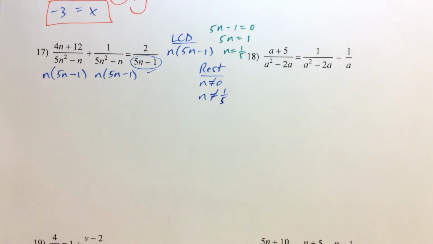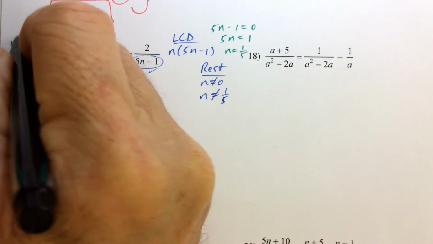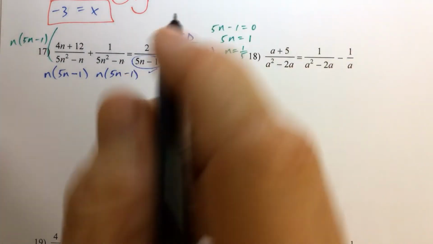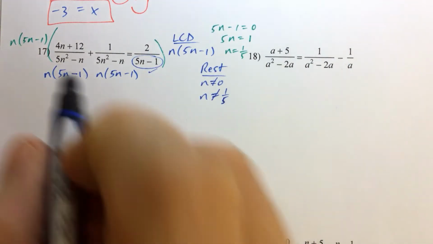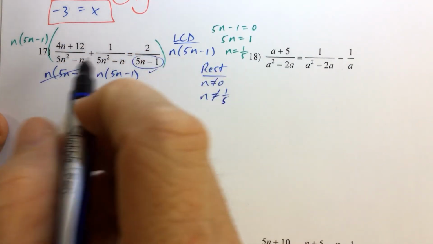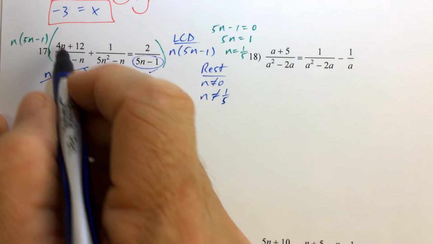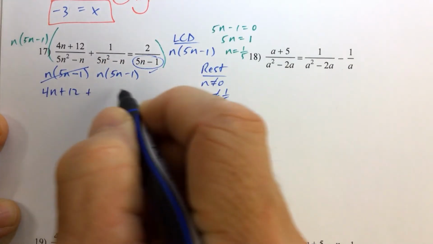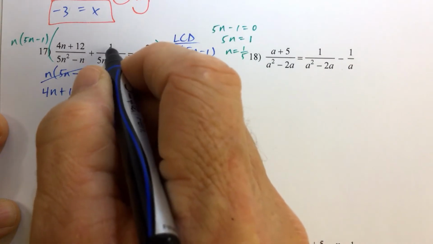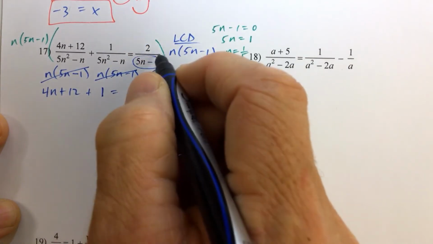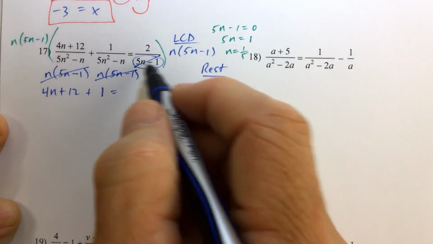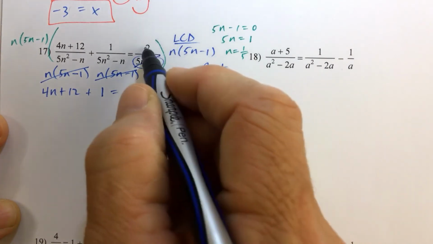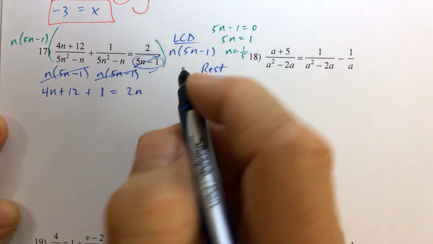So anyway, go ahead and multiply both sides by the lowest common denominator, n times 5n minus 1, and we can see here that this denominator cancels, and so we're left with a 1 times 4n plus 12, plus this denominator cancels, and we're left with 1 times 1 equals, now this denominator here, 5n minus 1, will cancel with 5n minus 1, leaving an n times a 2, or 2n.